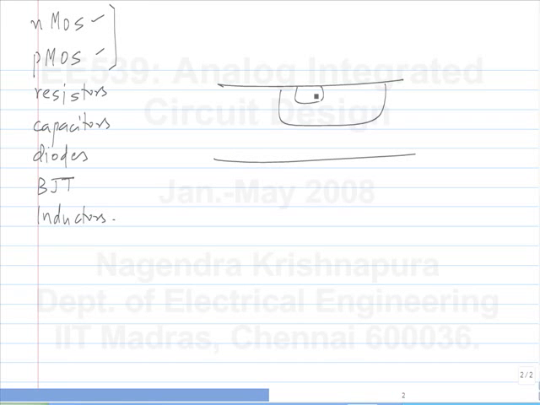So if you make a PMOS transistor, you will have P diffusions in an N well. So you have PNP here. Okay, you also have PNP in the X direction.